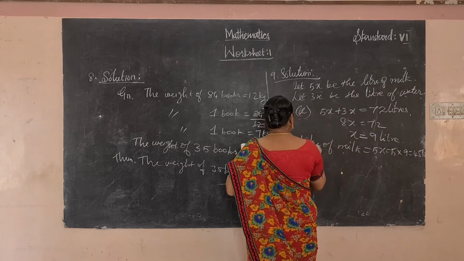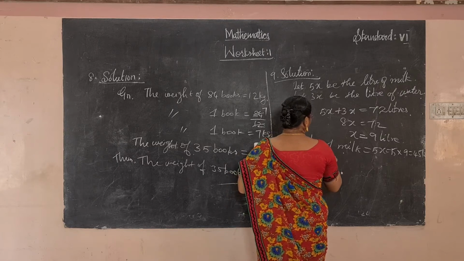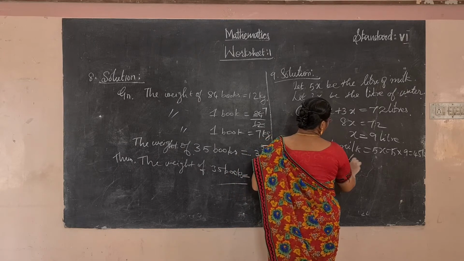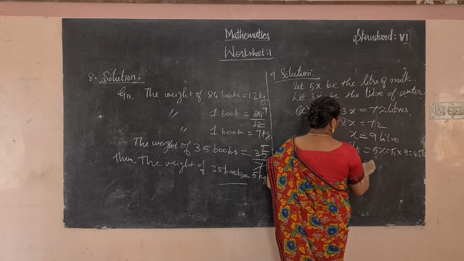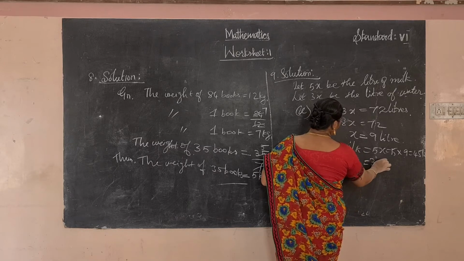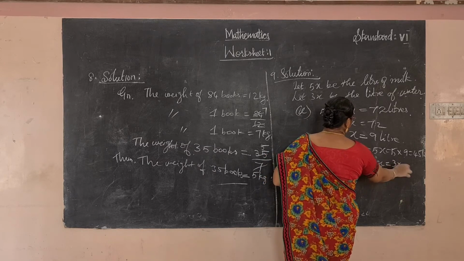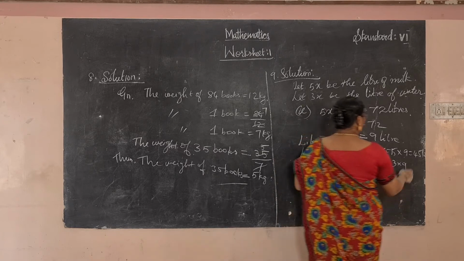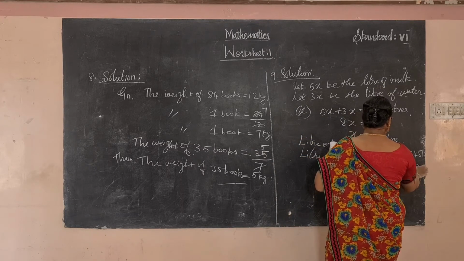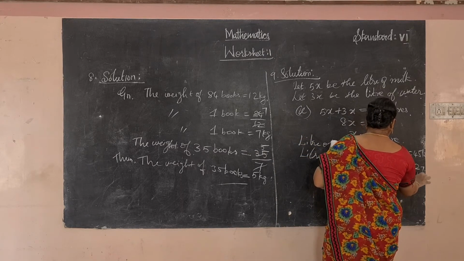And then liter of water is equal to 3x. So 3 into 9, 27 liters.